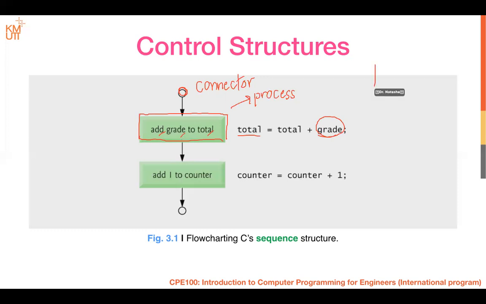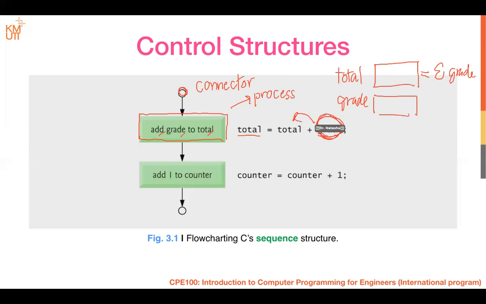Total can be defined in main memory, and also in main memory you can have a grade. Total is a kind of summation of grade. So what you need to do is add grade into total.